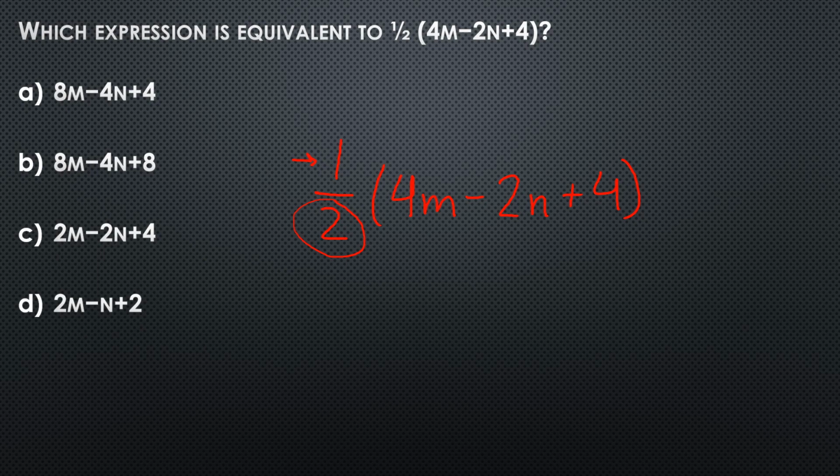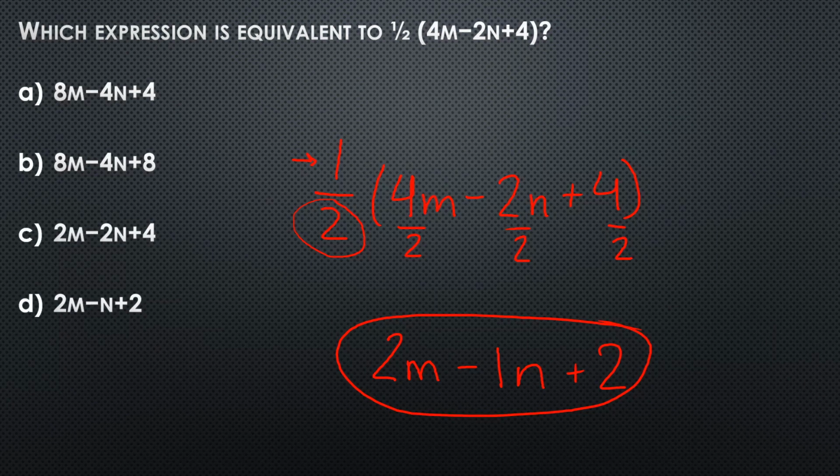So essentially what I'm doing is 4 divided by 2, 2 divided by 2, 4 divided by 2. 4 divided by 2 gives me 2m. 2 divided by 2 is just 1, n. 4 divided by 2 is 2. So this is my final answer here, which means this one is the one I want to pick.